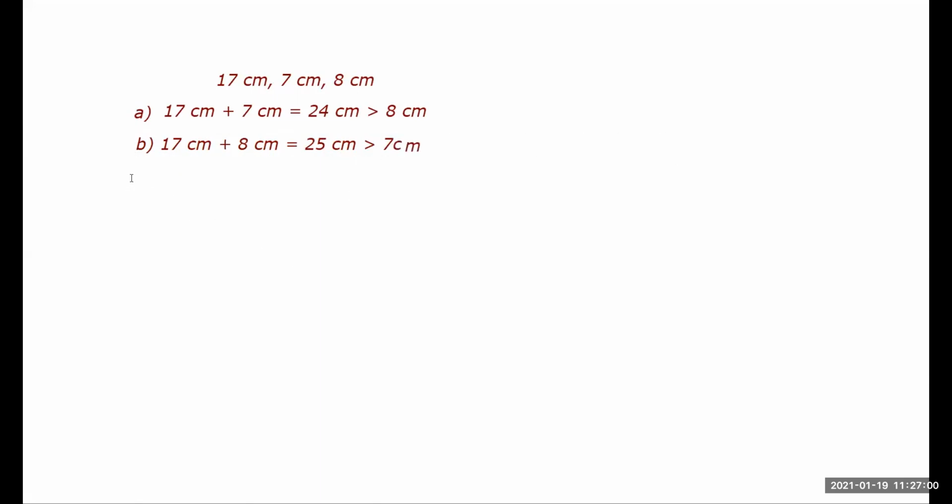Okay, now in case C, if we'll take an example, 17 7 हमने लिया, टू साइड 17 8 लिया. अभी कौन सा टू साइड बाकी है? 7 सेंटीमीटर plus 8 centimeter, which is equal to 7 plus 8 is how much? 15 centimeter.